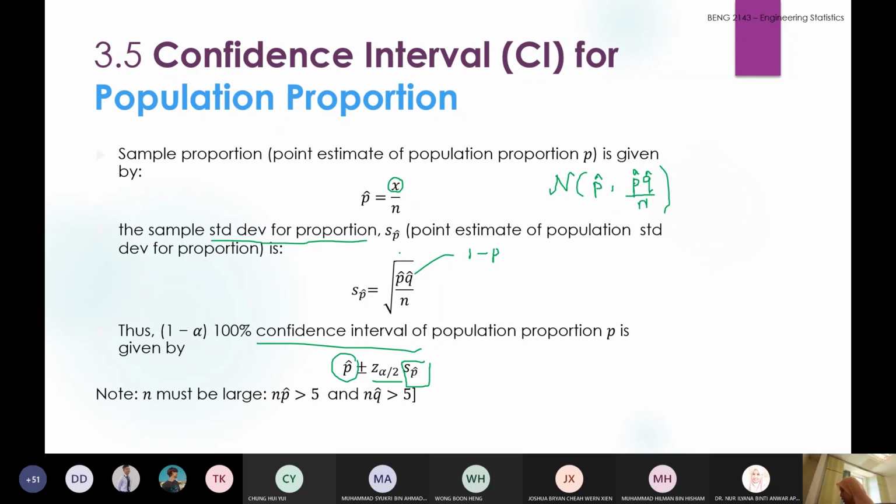This is also just repetition of the previous lesson, for us to know that for any study involving a proportion, n must be significantly large if n times the proportion value is greater than 5. So it is considered large.